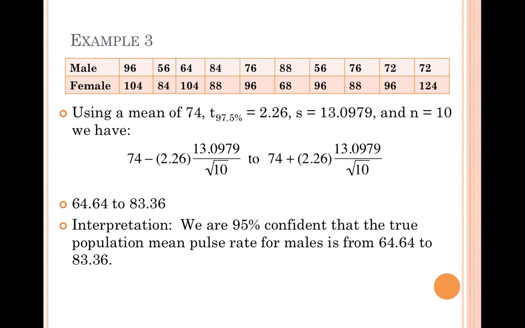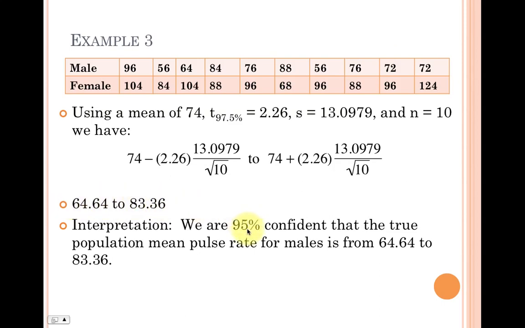So when we find the values for these confidence intervals, we always express how confident we are in our estimate. Because there is a 5% chance that we picked 10 males that were either on the far left of the bell curve, or actually this is the t curve, the far left of the t curve or the far right of the t curve, and those sample means happen to be so far away from center that the estimate doesn't hold true.